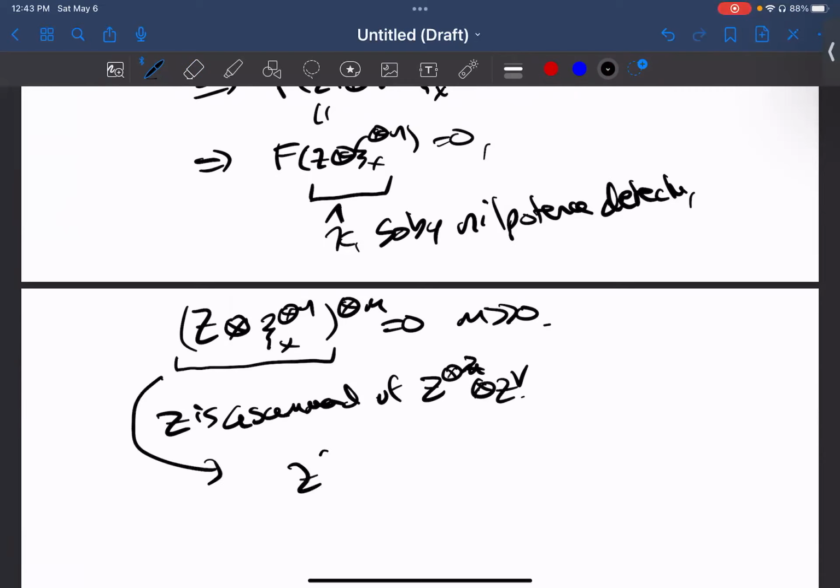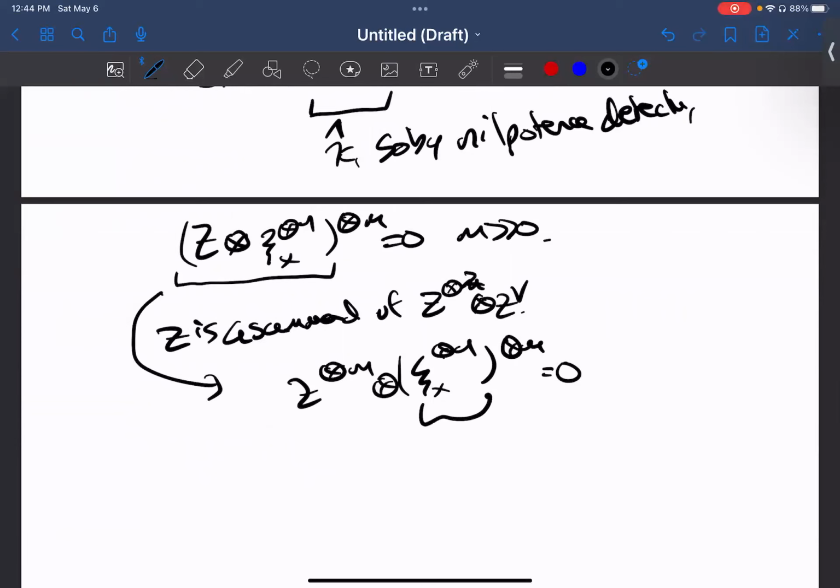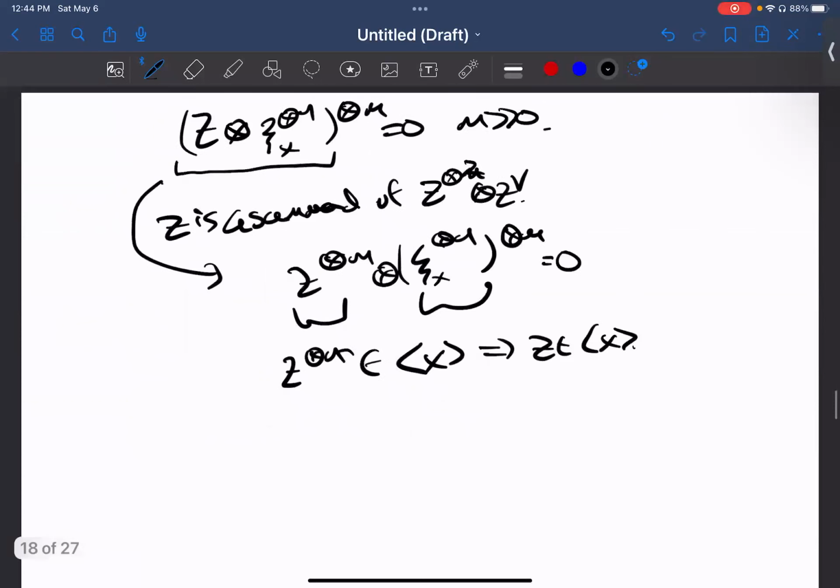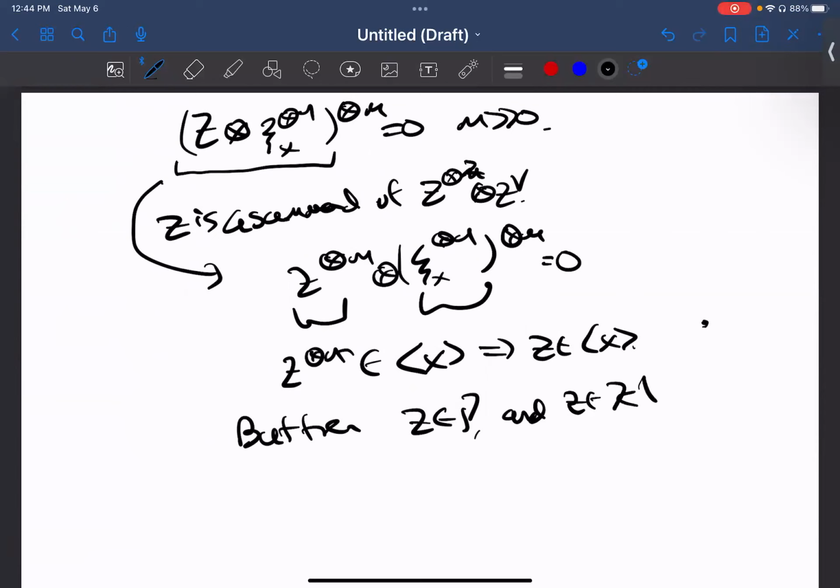This here implies that z to the tensor m tensor z to the tensor n tensor x to the tensor m, so you can just pull this in here, is equal to 0. So this is some power of z, and this here is a power of z. So this implies that z to the tensor m is in the ideal generated by x, which implies that z is as well. But then z is an element of P, and z is an element of K without P. A contradiction.